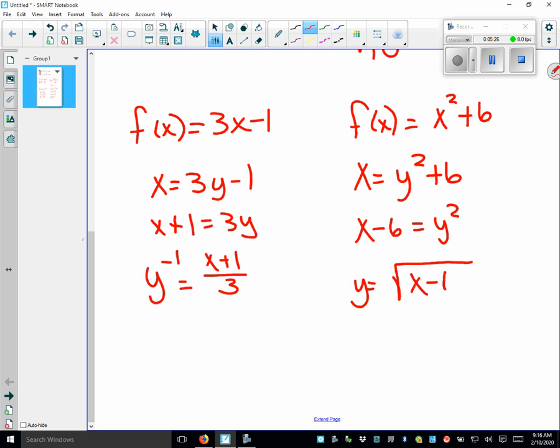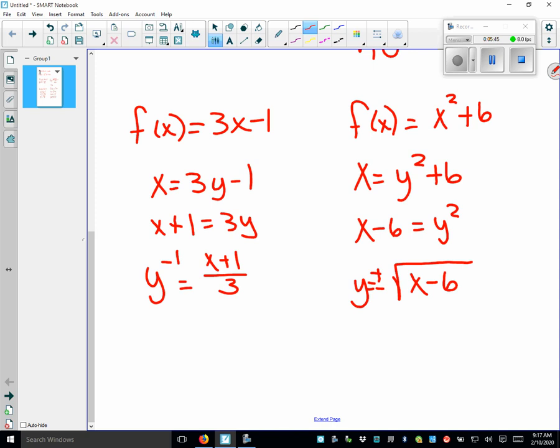Should I do plus or minus? Yes, because I square rooted. Right? You good with that?